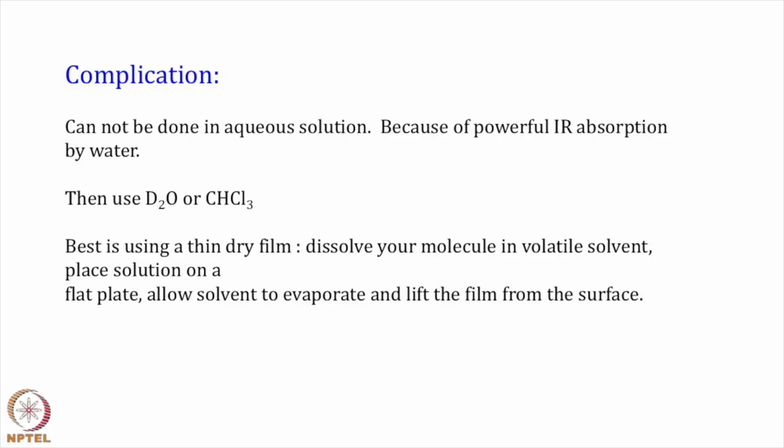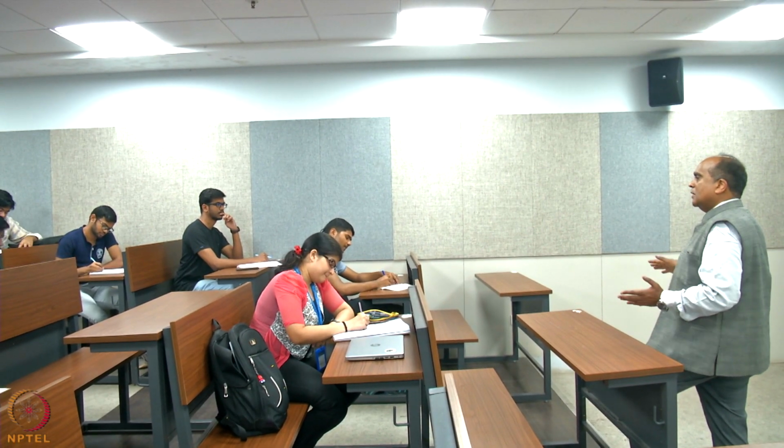Water is a problem, so you can use D2O, which has a different frequency, or chloroform. If you do not want to do that, there is another method: put your biomolecule in KBr. KBr, you know, potassium bromide, does not absorb. So you mix it, make a solid thin film, put it in the FTIR and you can record it.